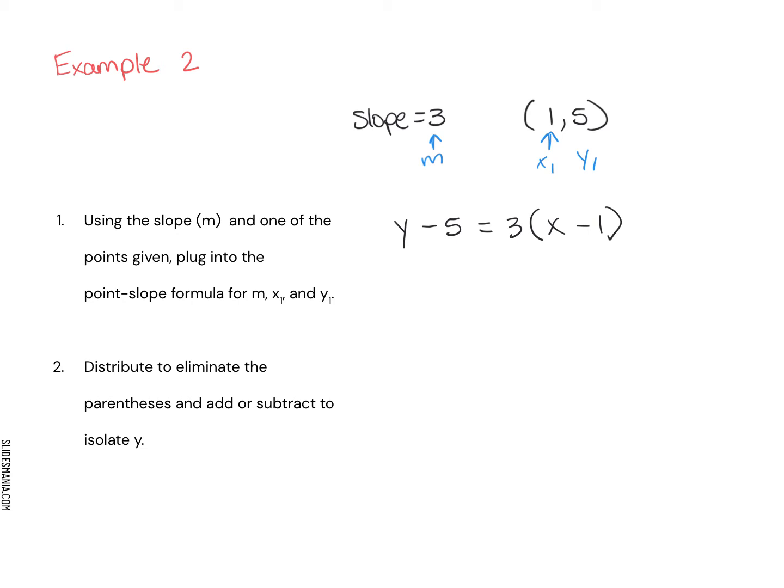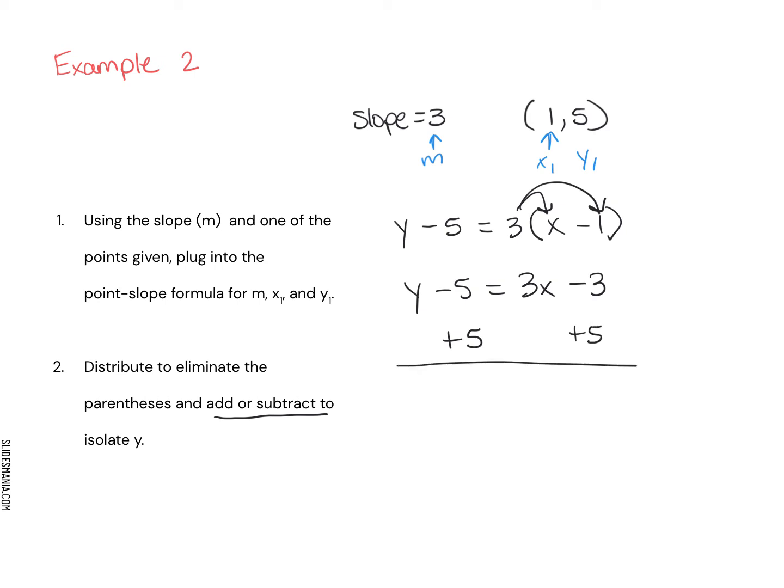Now step 2 is to distribute to eliminate our parentheses. 3 times x is 3x. 3 times -1 is -3. And now we must add or subtract to isolate y. So we will add 5 to both sides, and we end up with y equals 3x plus 2. And that's our solution for example 2.